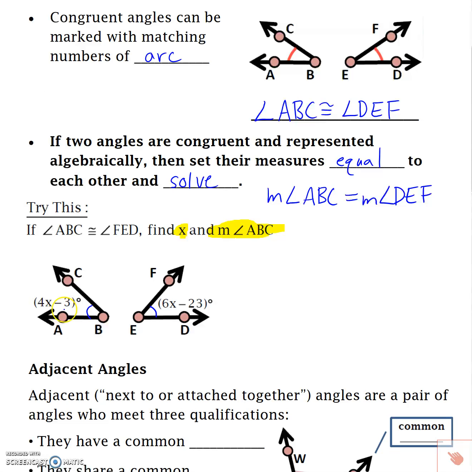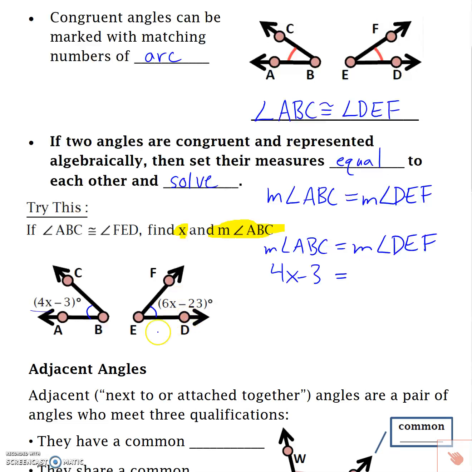Since these two angles are congruent, we can set them equal to one another. So the measure of angle ABC equals the measure of angle DEF. The measure of angle ABC, shown right here in the middle, is 4x minus 3.